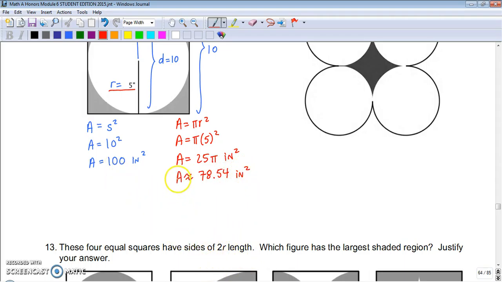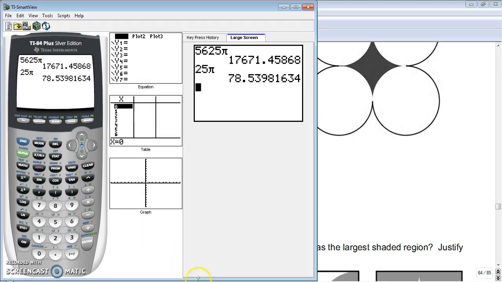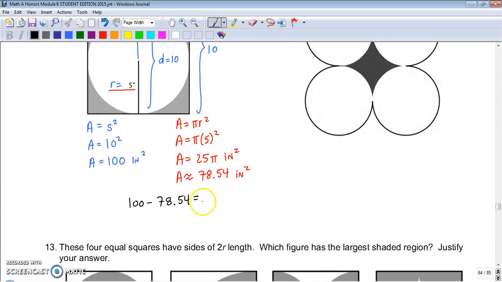And I'm going to find then the difference between these. So 100 minus 78.54 equals 21.46.